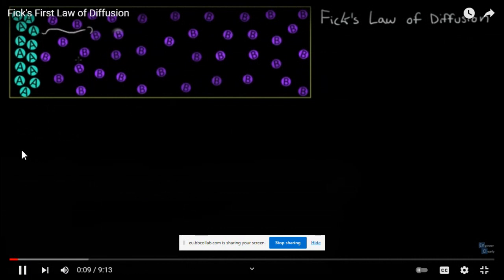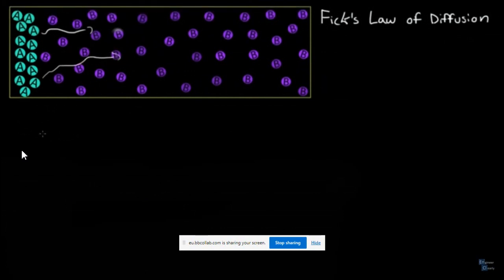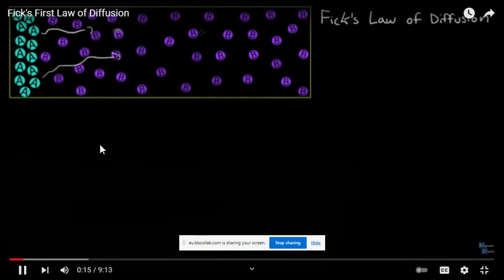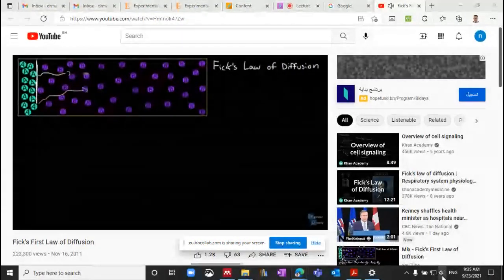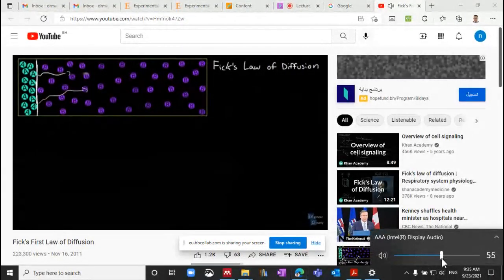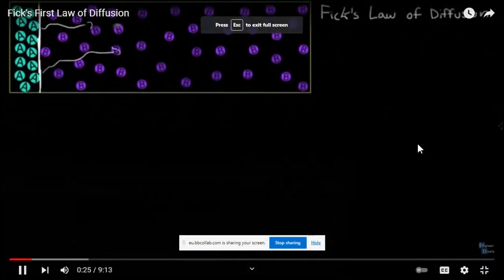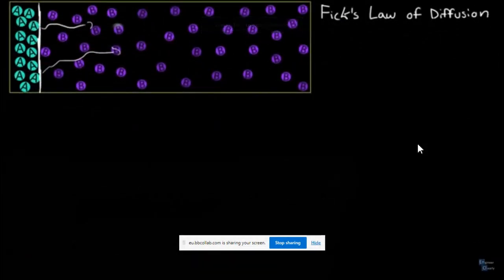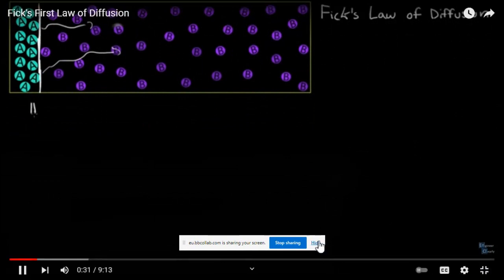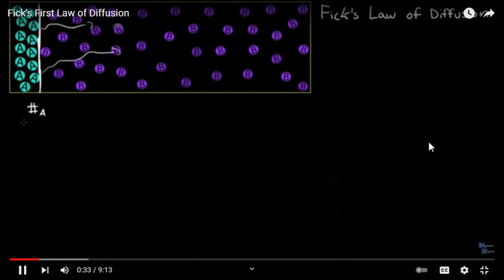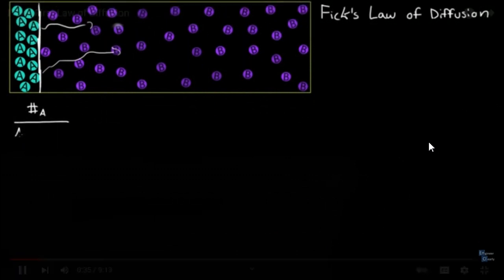Diffusion is explained, where if you have a high concentration of something, it will go to a low concentration. Fick's law of diffusion describes that. So let's say we had some area. And what he said is, well, he basically just measured the number of A particles crossing this area per time. So we had the number of A particles crossing an area per time.